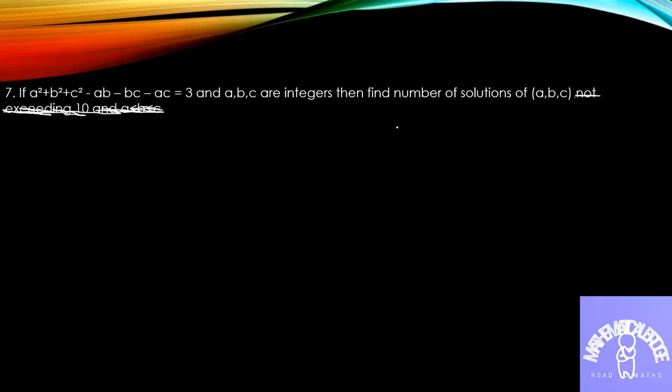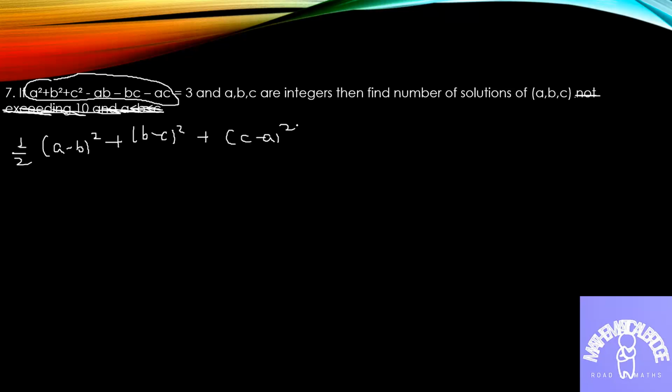See, first of all, by identity, this can be re-evaluated into a simple identity. I hope you all know that identity. Half times (a minus b) whole squared plus (b minus c) whole squared plus (c minus a) whole squared.